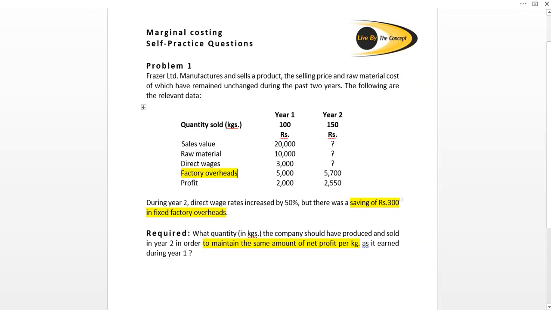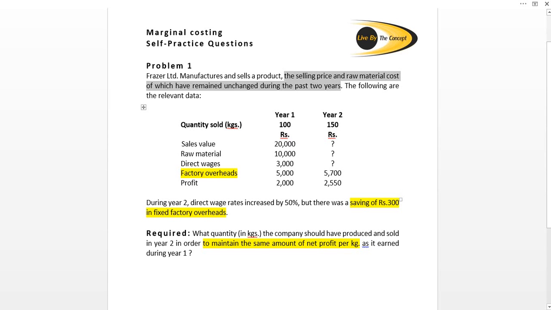But sales value and raw material are not changing. That is, the per kg sales value and per kg raw material are remaining constant, which is provided in the starting of the para. That means I can use the value of year 1 for sales value and raw material in order to calculate the per unit for year 2.